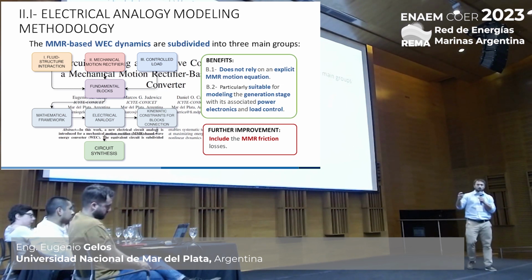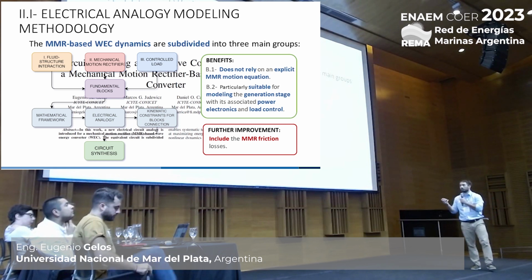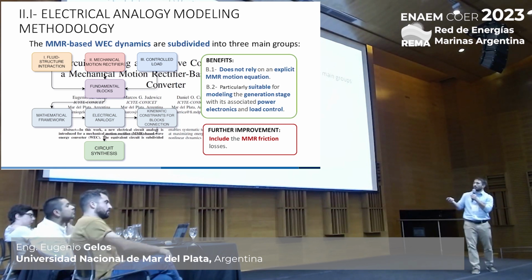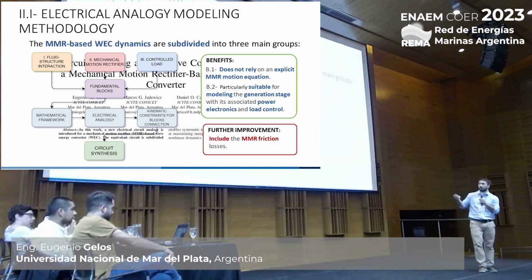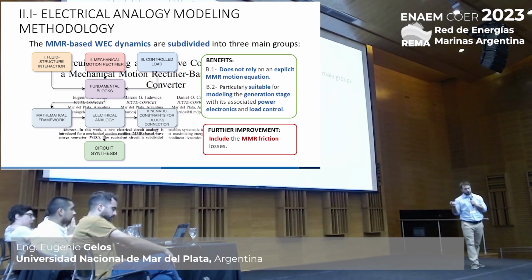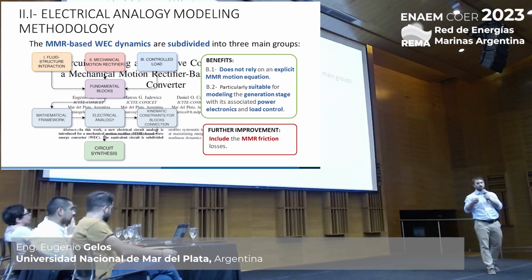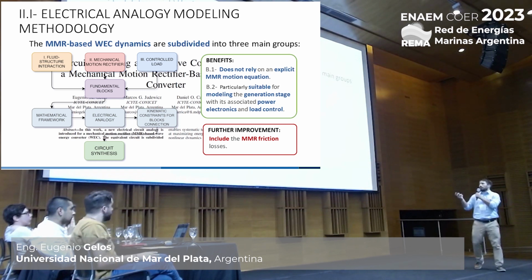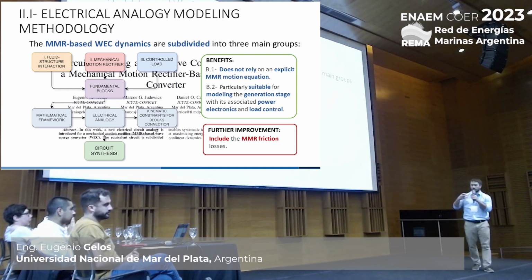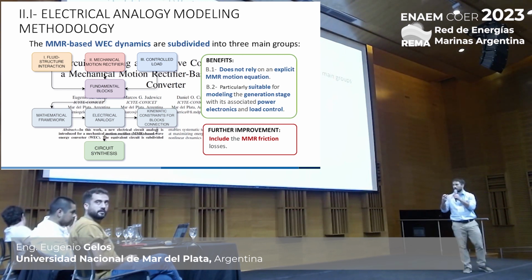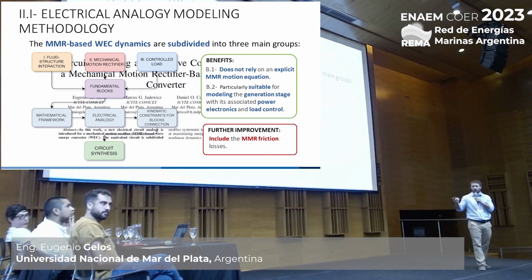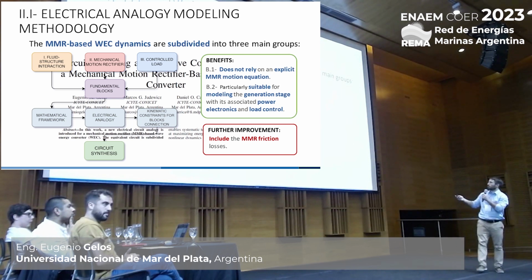For each of these main groups, we derive the fundamental blocks associated with the physical phenomena, for each of which we provide a mathematical framework by which an electrical analogy can be derived. Additionally, we derive some basic kinematic constraints which allow us to connect each of these fundamental blocks to each other, and overall, following this process, we have been able to synthesize the equivalent circuit.